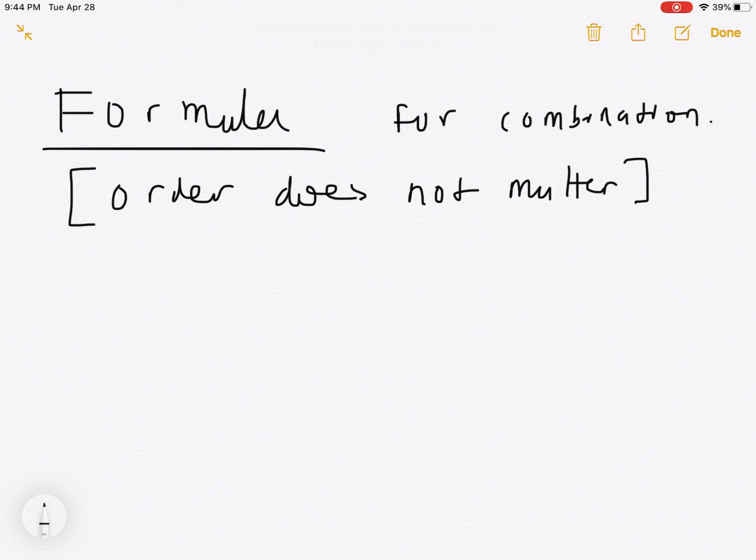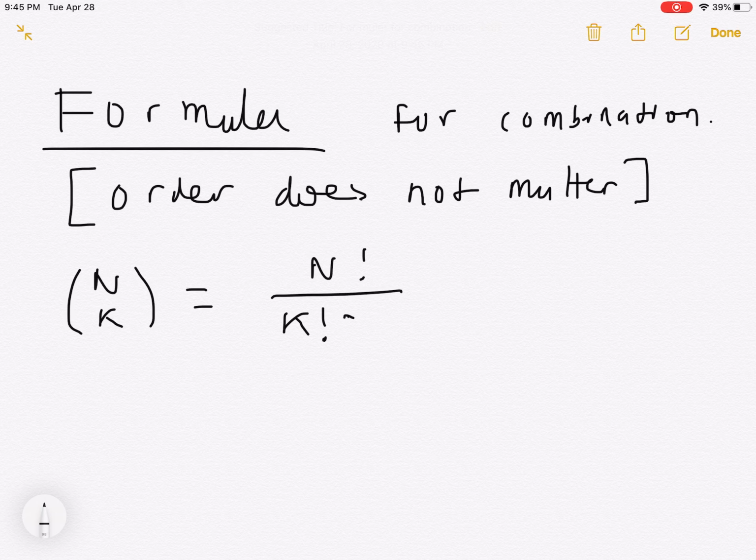So n choose k, that's going to be n factorial divided by k factorial times n minus k factorial.